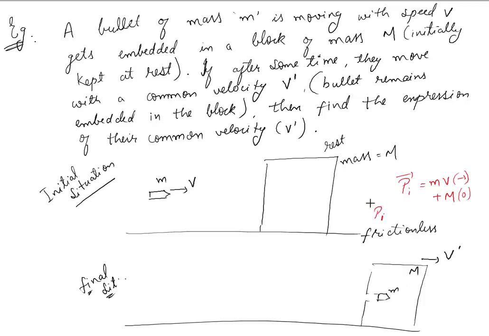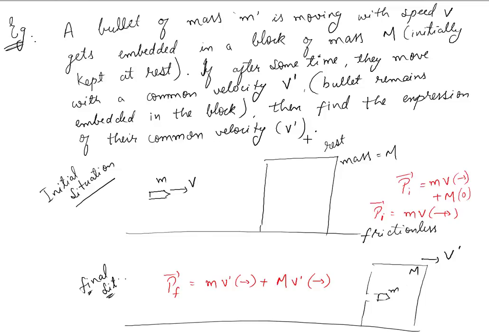So initial momentum of this system is m into v in this direction, and final momentum of this system will be equal to mass of bullet into velocity of bullet plus mass of block into velocity of this block.